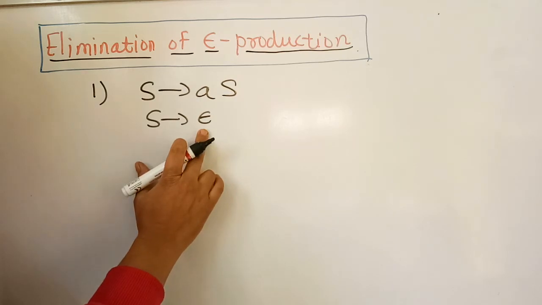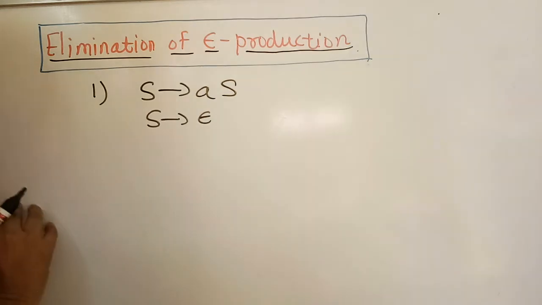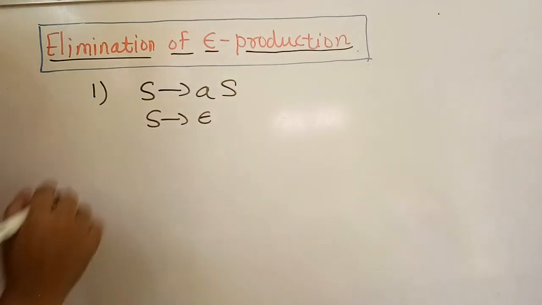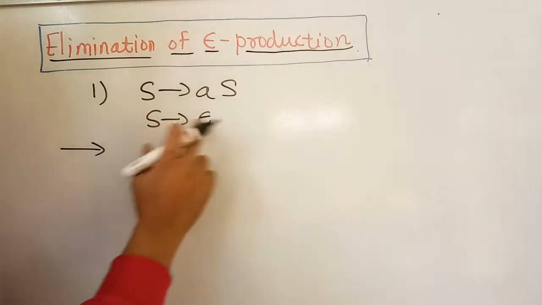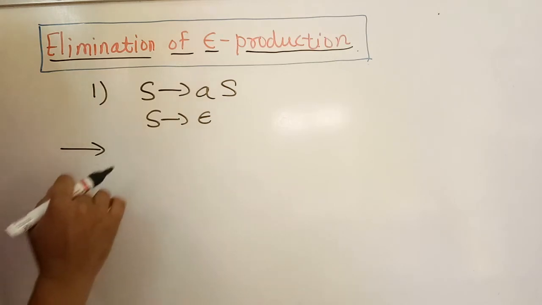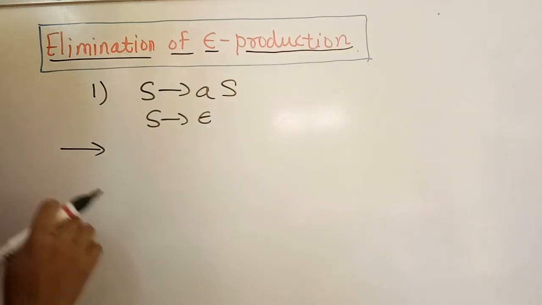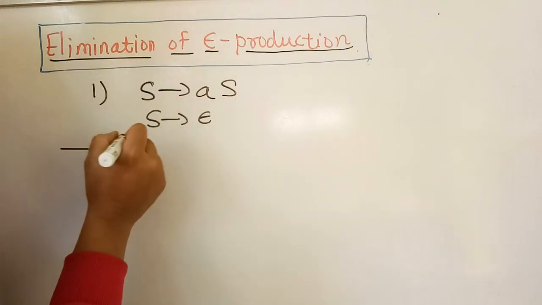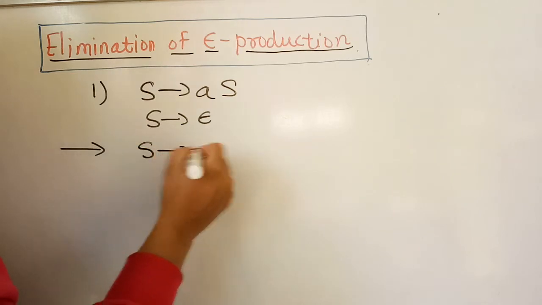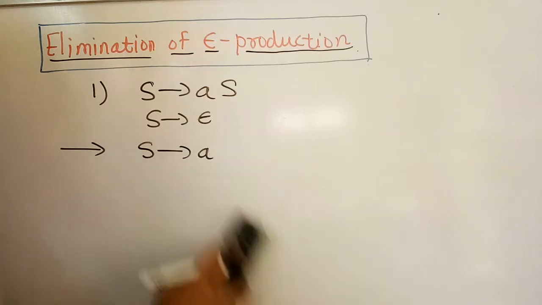S is giving the production of epsilon, so S is nullable. I will explain in detail what we have to perform while eliminating epsilon production. As S gives epsilon, and epsilon means nothing, by applying the second step, adding productions with nullable variables removed, we can say that S gives AS, and after replacing S with epsilon, we will write S gives A.